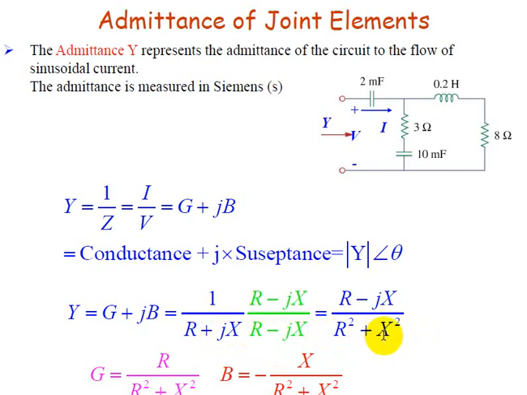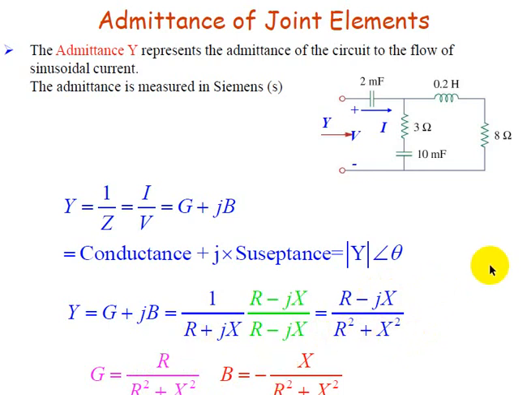You can express the whole term as R divided by R square plus X square, minus jX divided by R square plus X square. So you have two terms.